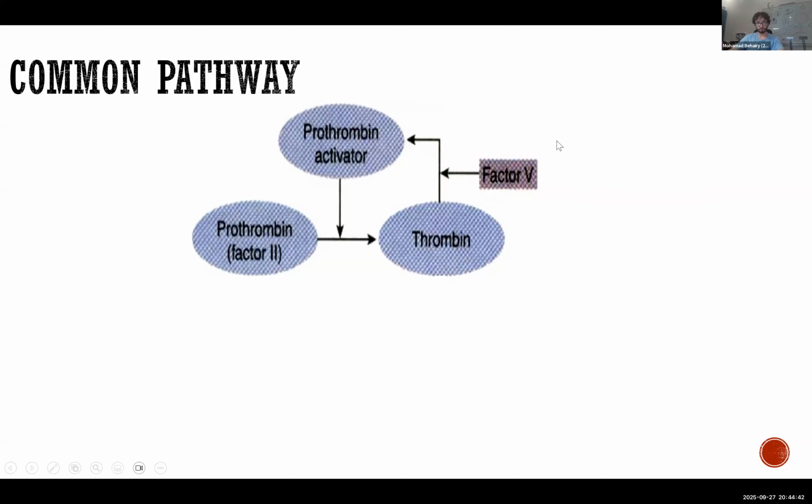But if we want to make fibrin, we need something to activate this fibrin. What will activate the fibrin? Thrombin. But this thrombin himself needs activation. How is he activated? By the merging of the intrinsic and extrinsic pathway, which will finally activate factor 2, which is prothrombin. Is this first part clear?